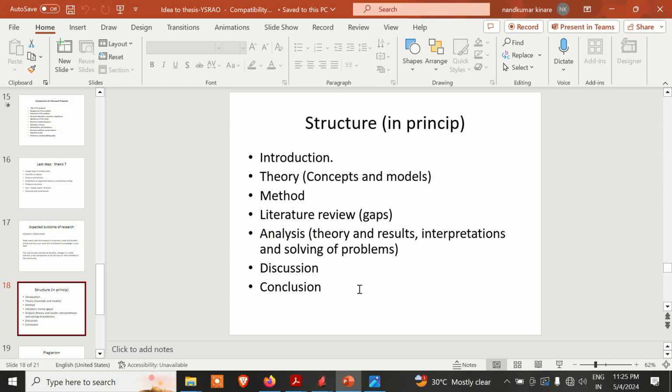And conclude your work. So people give weightage to abstract and conclusion because you have a very limited scope. By reading the abstract and conclusion, one should be able to judge your contributions.